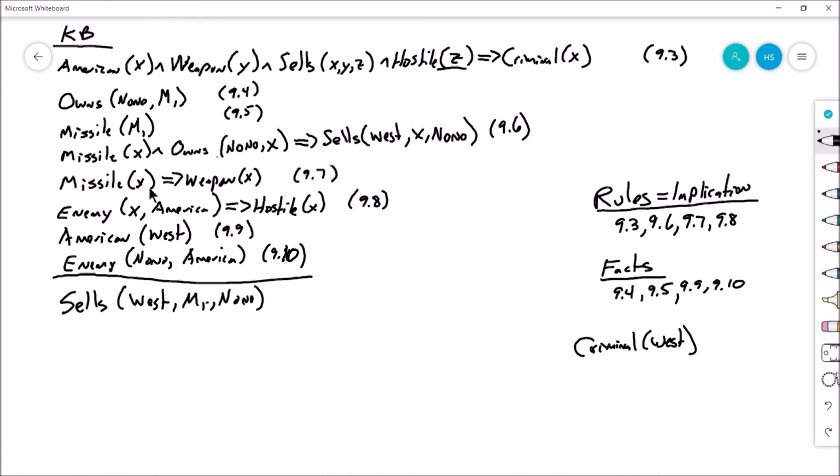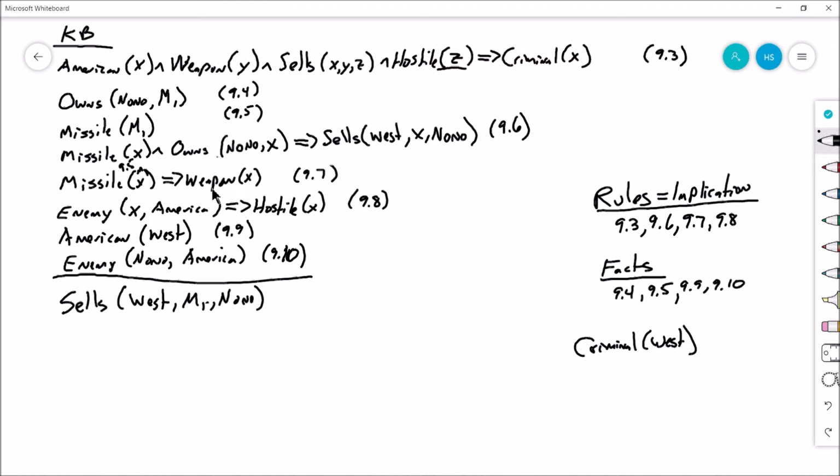Now, can we satisfy rule 9.7? Let's look at the knowledge base. There's an existing fact, 9.5, that would satisfy that implication if we replace the X with M1.